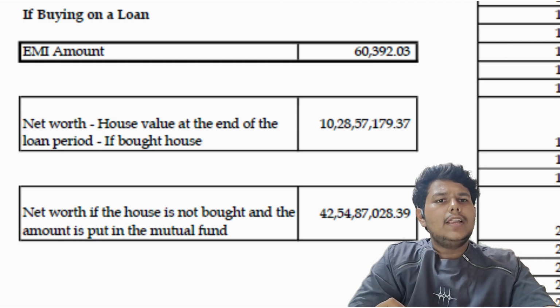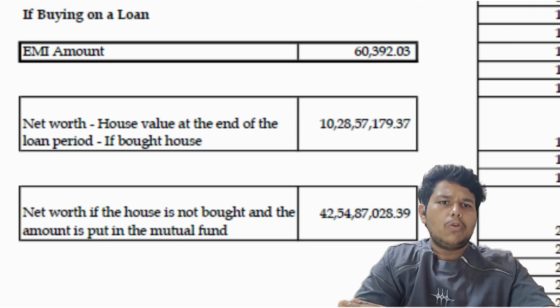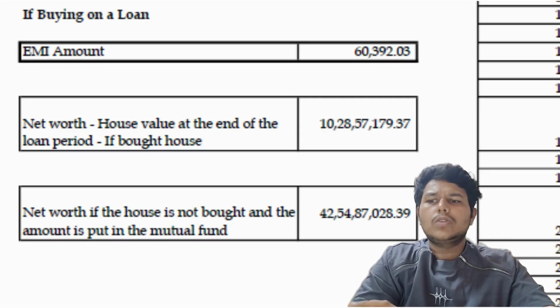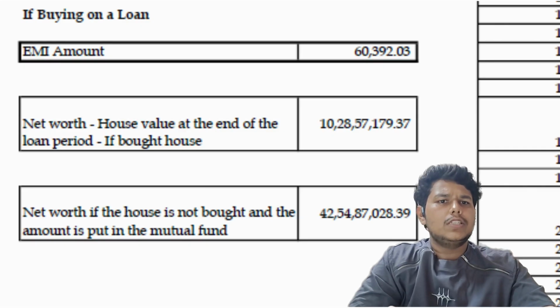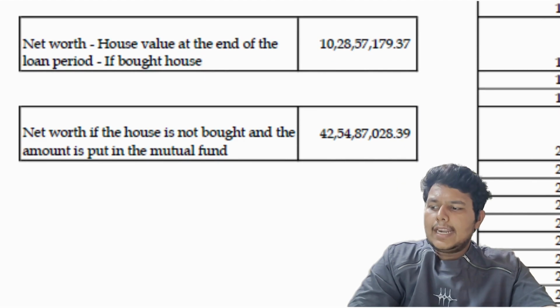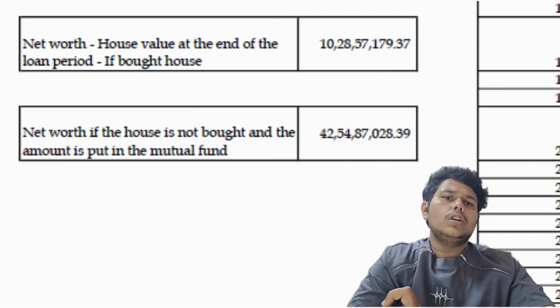So this calculates the EMI of the remaining amount, that is the total cost of the property minus the down payment, using the interest rate and the tenure to get to your EMI, which is the monthly installment that you are going to pay.